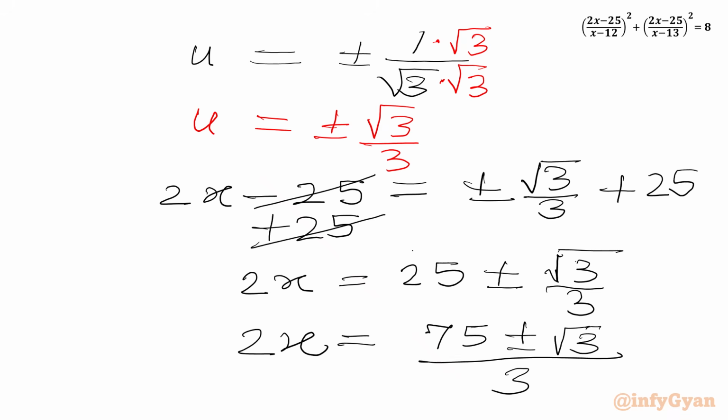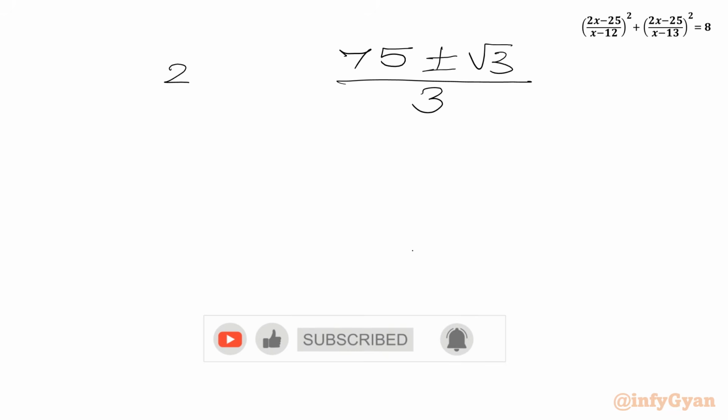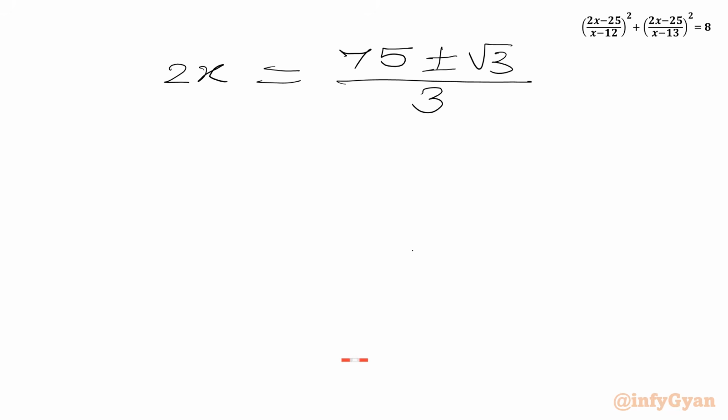Now we have to only divide by 2 both sides to get our final real solutions. So let me write here 75 plus minus square root 3 over 3 equal to 2x. Let's divide both sides by 2.